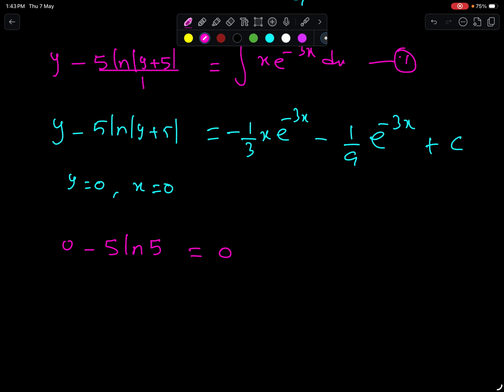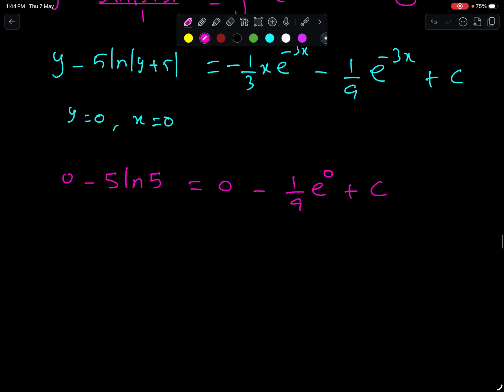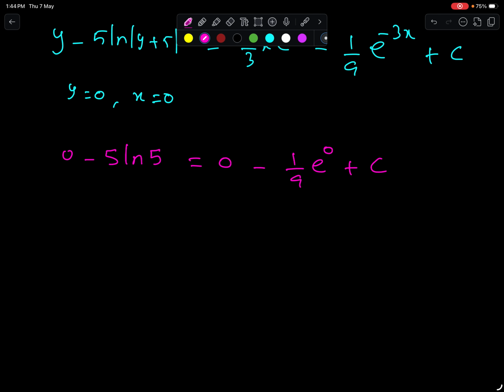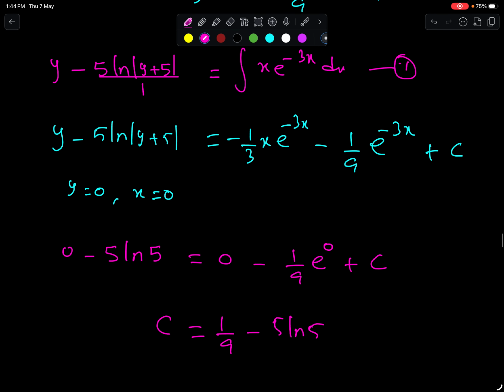This term is 0 because of this x, but avoid careless mistakes. Don't consider this 0 because e power 0 is 1. Anything power 0 is 1. So we have got c. Shift this to the left side. So 1 upon 9 minus 5 ln 5. This is c.